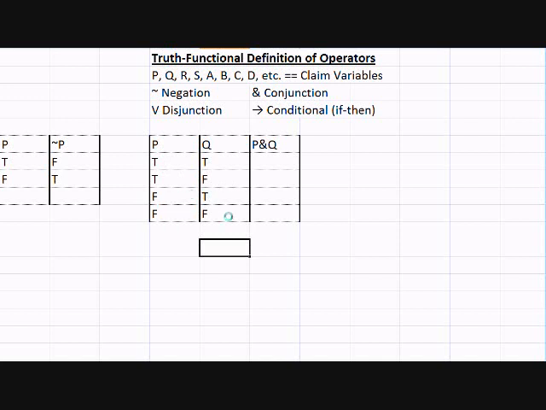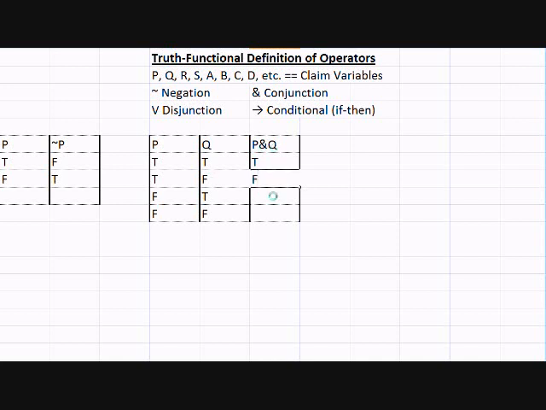Now, the rule for the conjunction, the AND statement, is basically saying that both P and Q are true. Hence, if both P and Q are true, the entire statement is true. Since the statement is saying P and Q are true, what happens if one of them is false? Then the whole statement would be false.